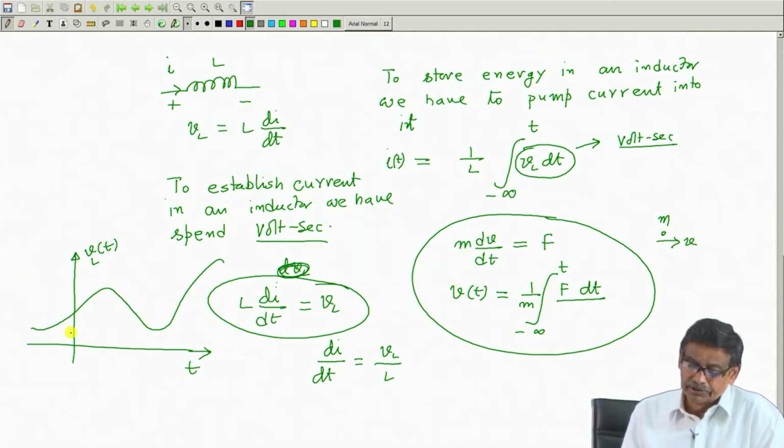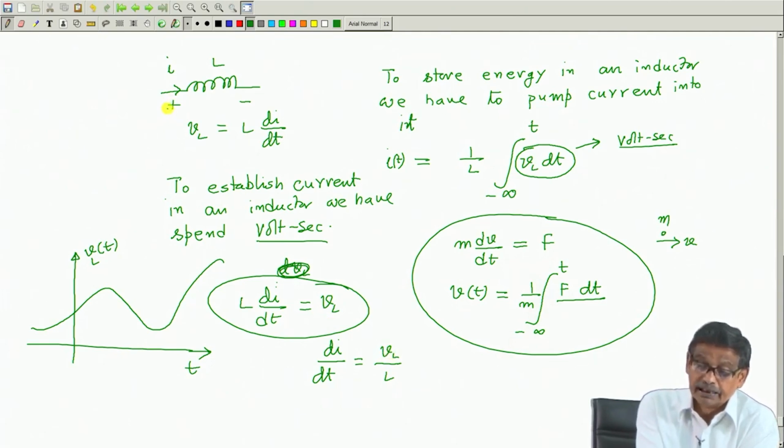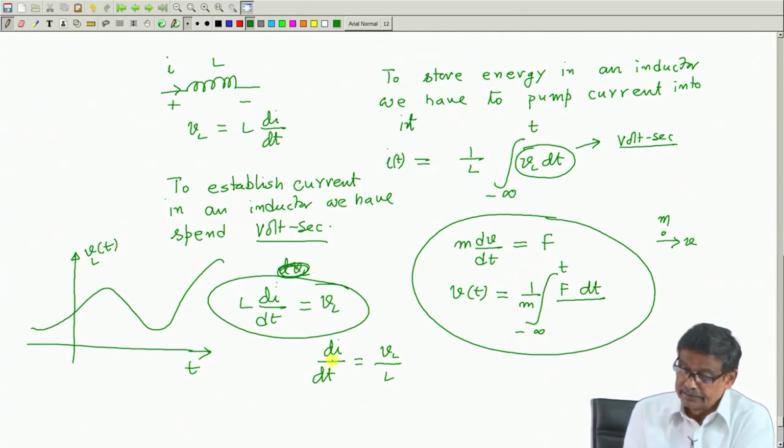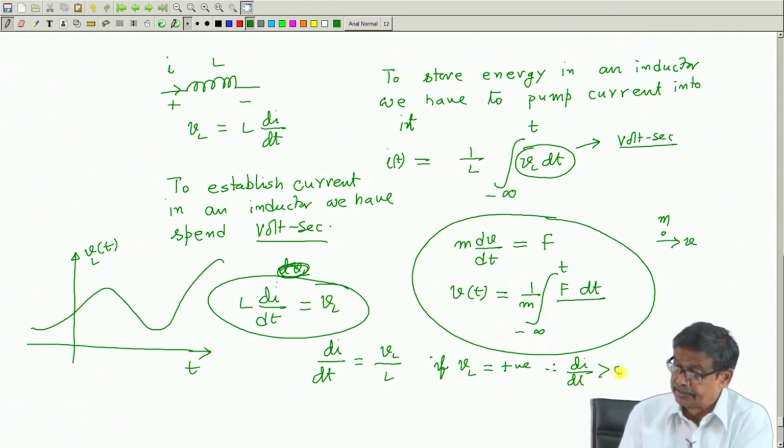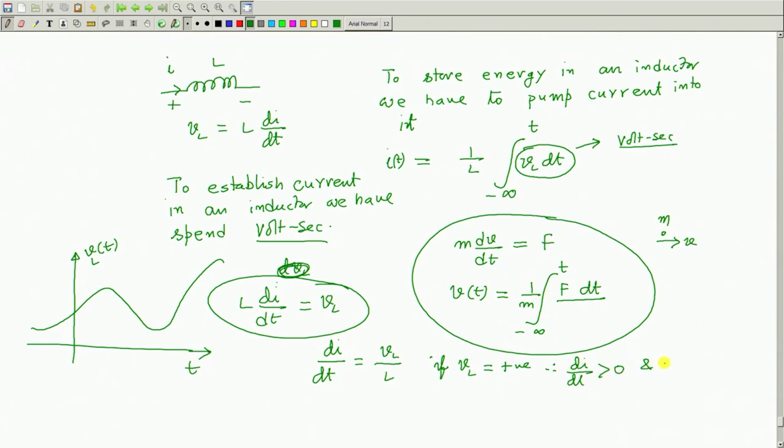This equation tells you that at any time, if the voltage applied across the inductor is positive, that is, this is positive and this is minus, then di/dt will be a positive number. If the applied voltage happens to be positive, then di/dt must be greater than 0 and current will rise.